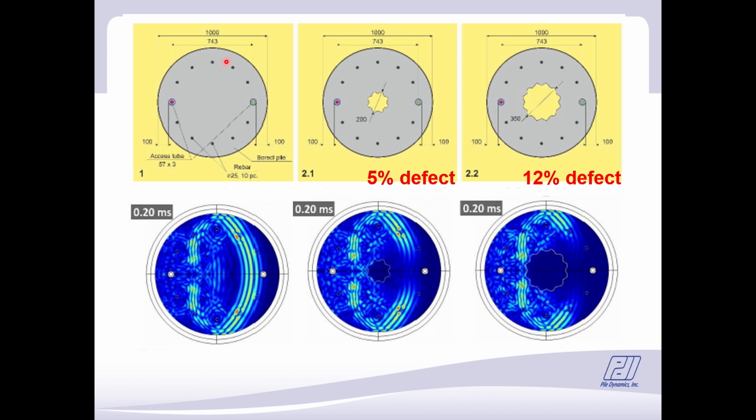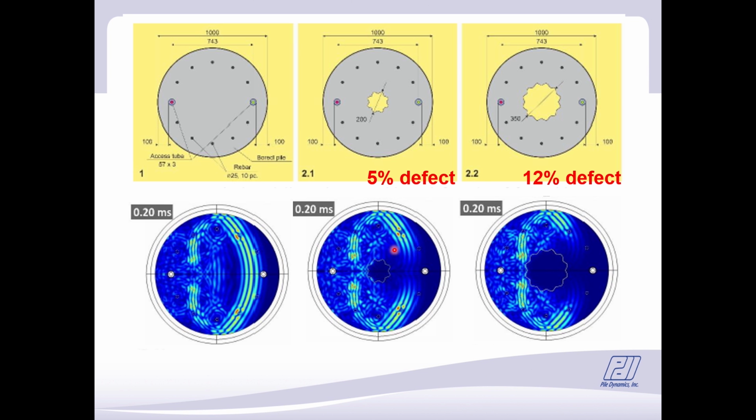The Russian study had the opportunity to check defects of 5% and 12% that are located on the direct path between the two tube locations. And in the perfect pile, we see the arrival time as very consistent, very radial. If we have a small defect, we can see that the signal strength has been greatly reduced.